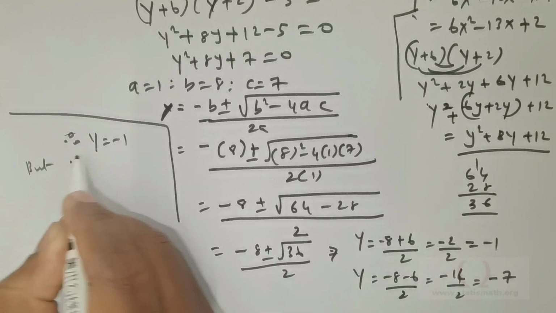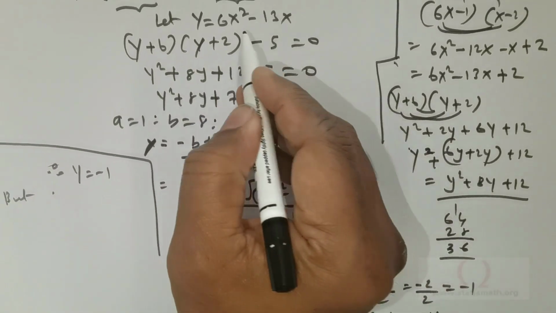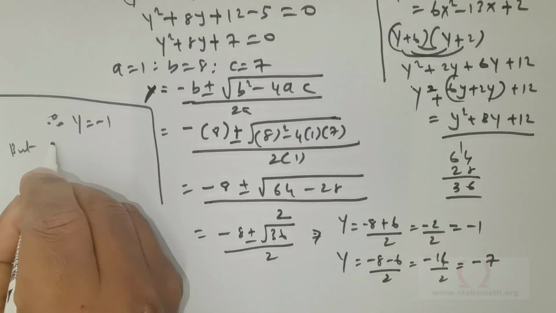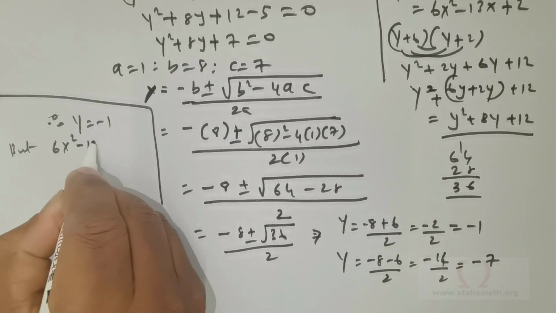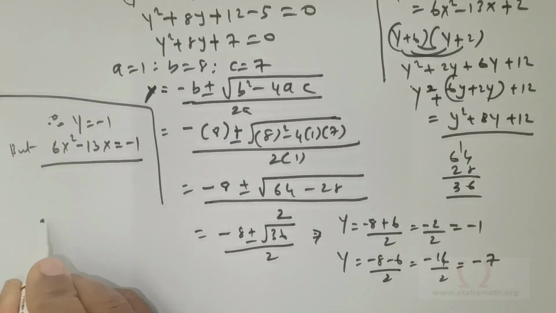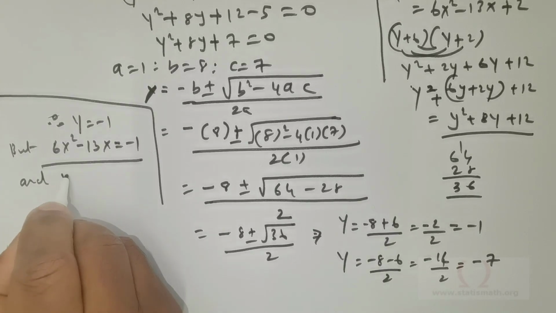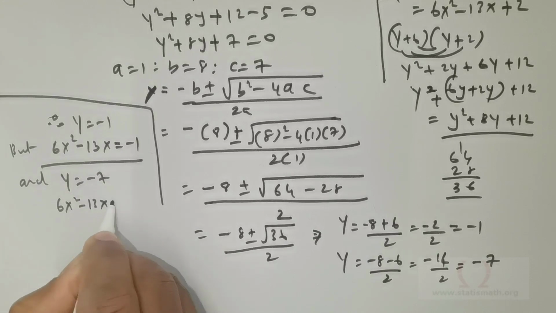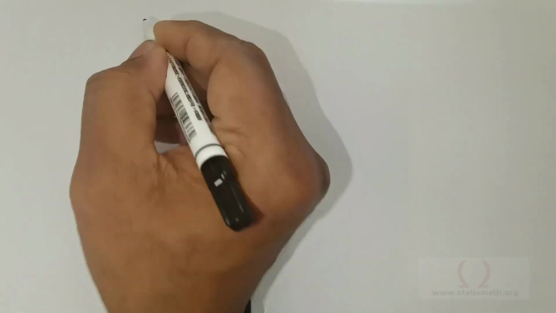Okay, but I have taken the value of y to be 6x² − 13x, which is equal to −1. So this is one equation. And the next equation, y is equal to −7, so I've got 6x² − 13x is equal to −7.